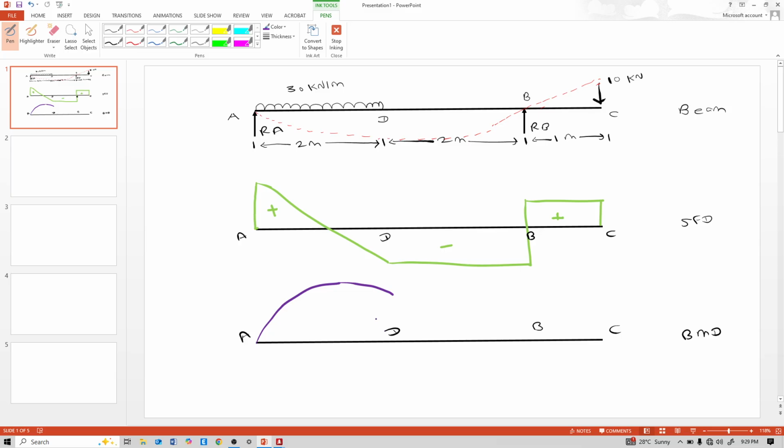Between D and B there is no load, that means the bending moment is an inclined line like this.